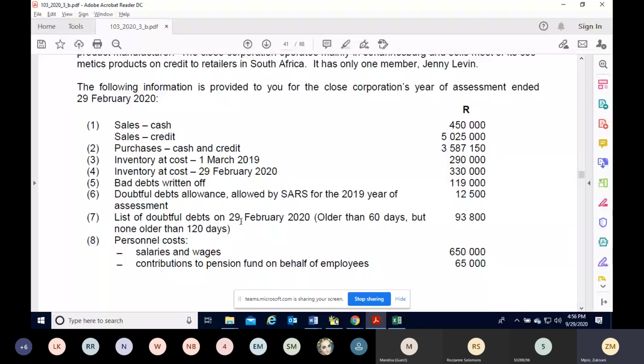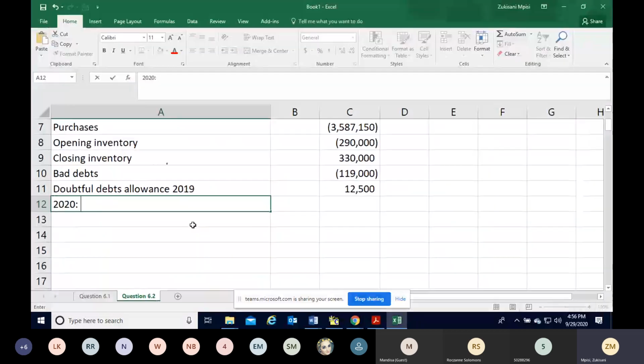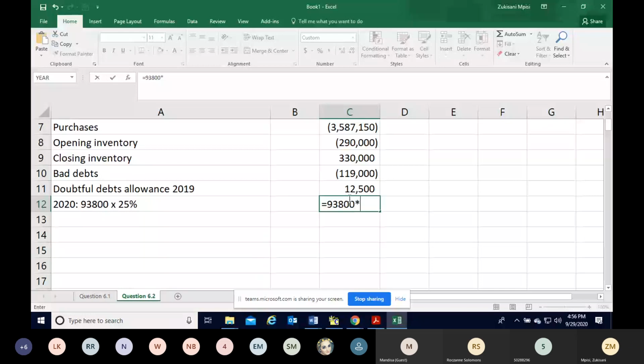And then for 2020, we are given a list of doubtful debts on 29 February, older than 60 days but not older than 120 days. So it becomes 93,800 multiplied by 25%, which is 23,450, and that one becomes a deduction in the current year.